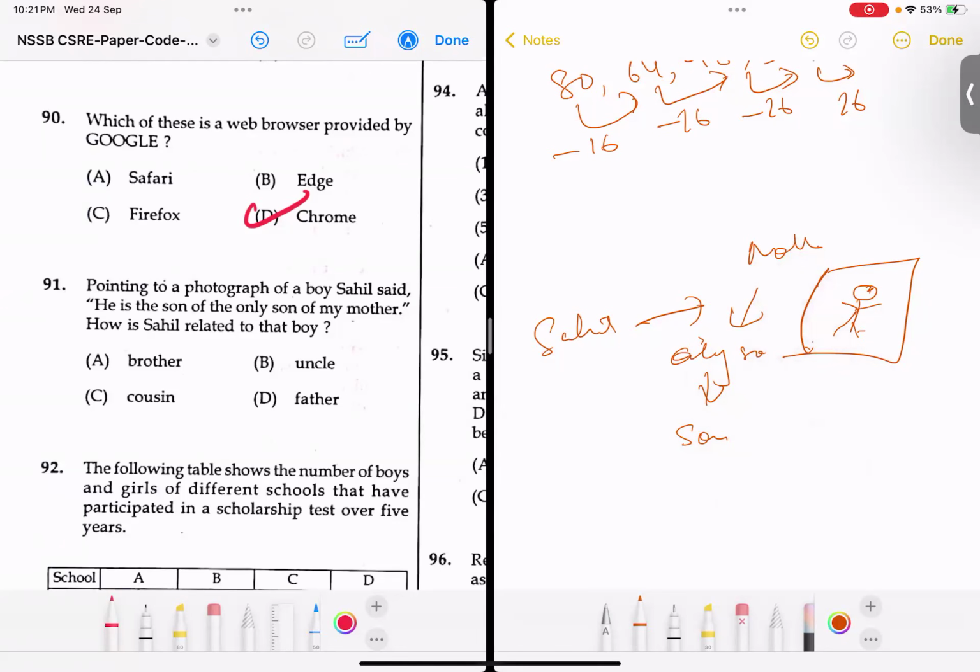So Sahil's mother has only one son, which means that only son is Sahil. So the person in the photograph is the son, and Sahil is the father of that person.